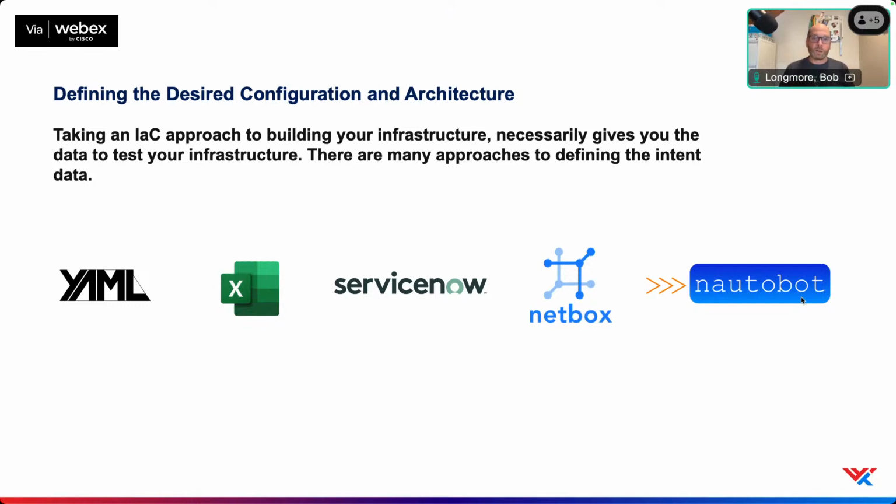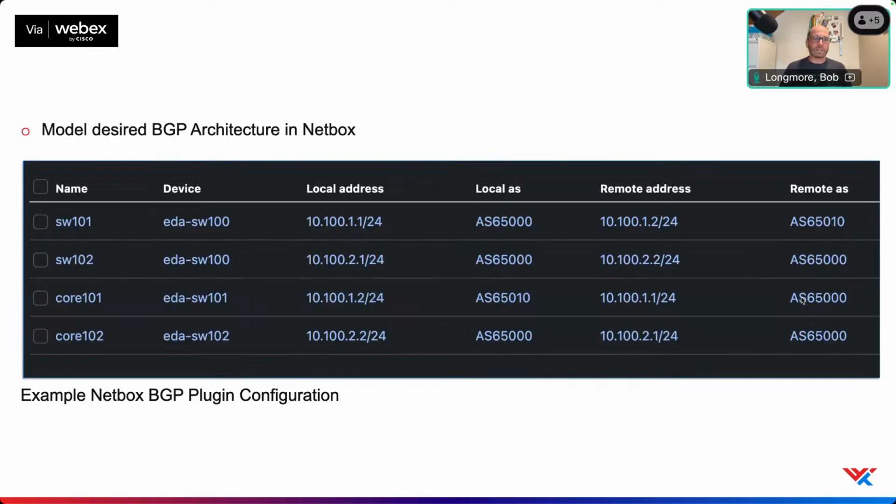I think in the network world, what we've seen a lot in the last year or two is Netbox and Autobot as that network source of truth. And those are ways that we can model, and they're very network centric, ways that we can model our architecture. And so here's just an example of using the BGP plugin in Netbox.